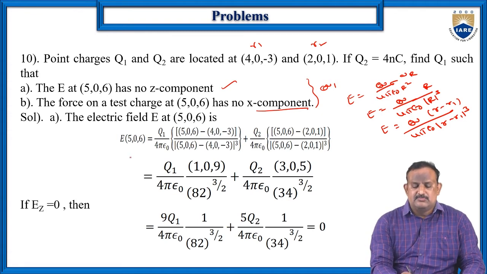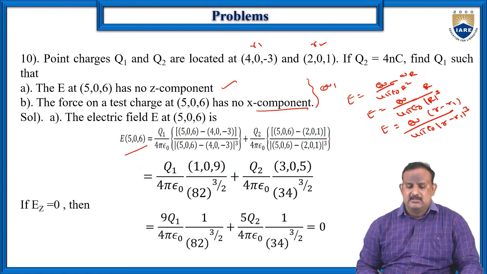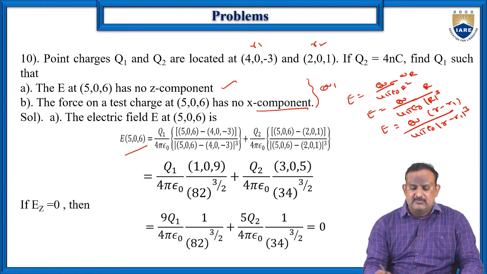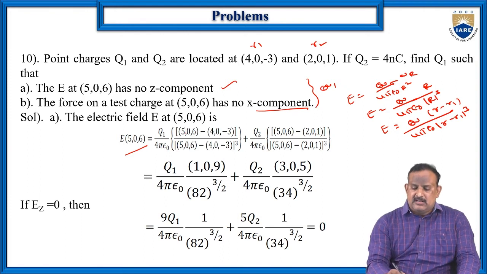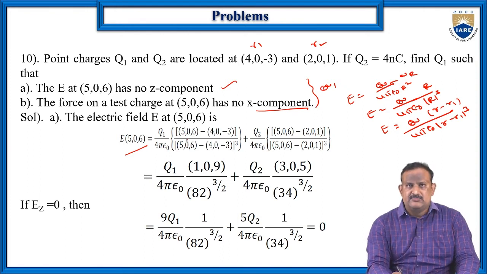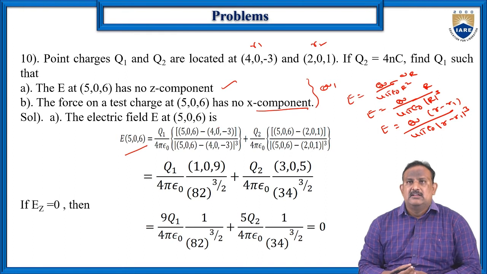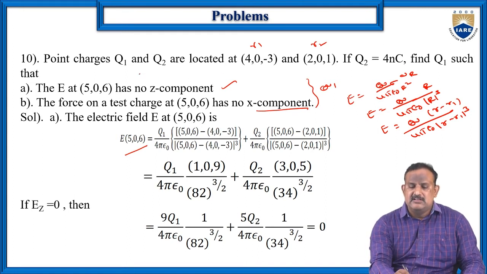If we need to find the electric field intensity at the point (5, 0, 6), we substitute into the formula. The first term is Q1 by 4 pi epsilon naught into the point R, here (5, 0, 6), and the point charge Q1 is placed at (4, 0, -3).